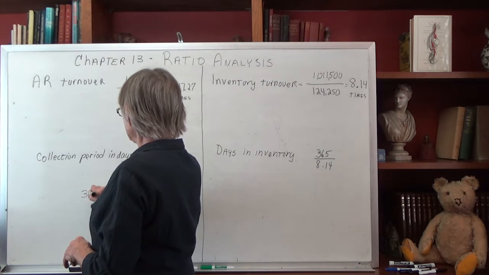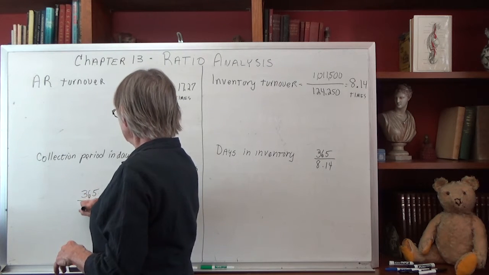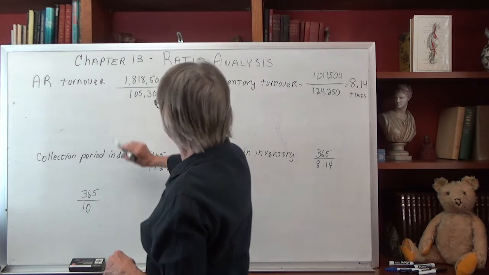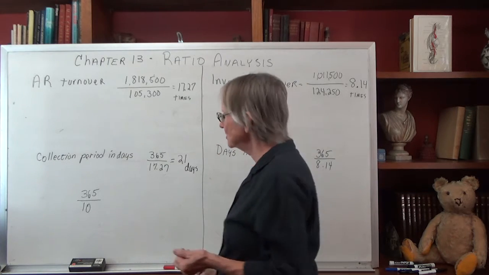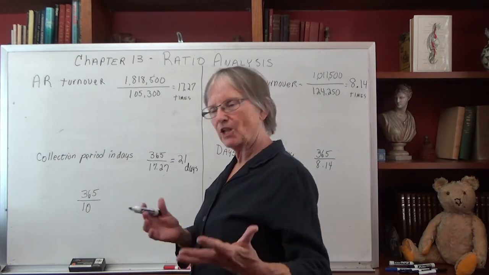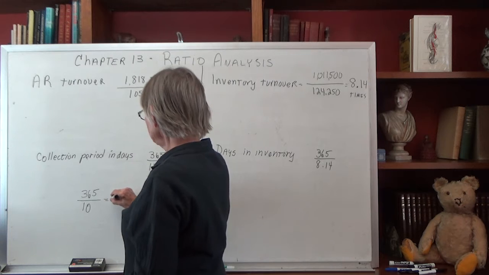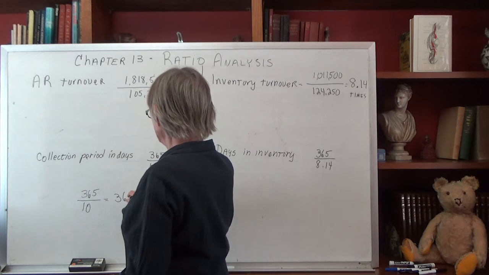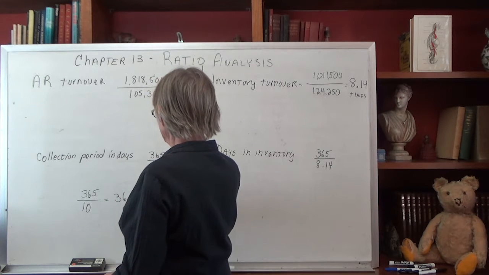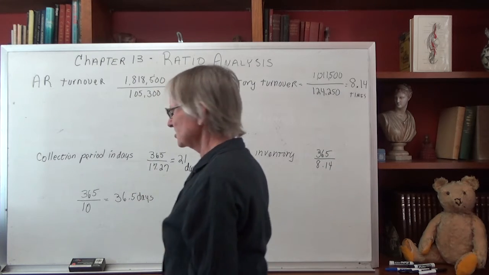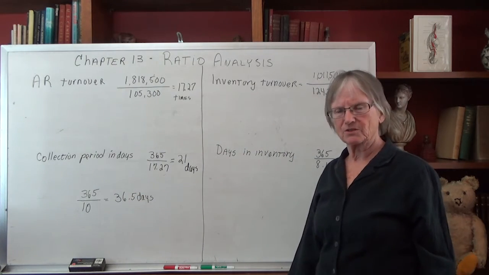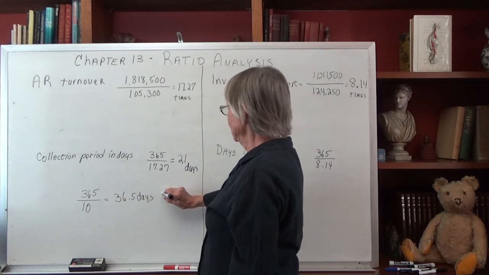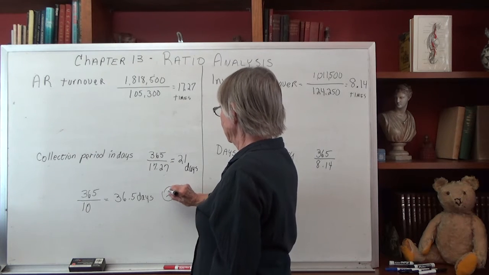So let's try a couple of things here. If we went 365 and we had an accounts receivable turnover ratio of 10 instead of 17, would we be happier or sadder? Well, we'd be collecting on average our receivables every 36 days instead of every 21 days. I think we'd probably be a little bit sadder in that case.